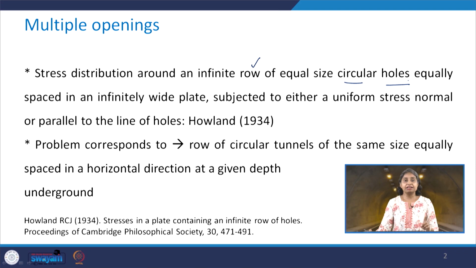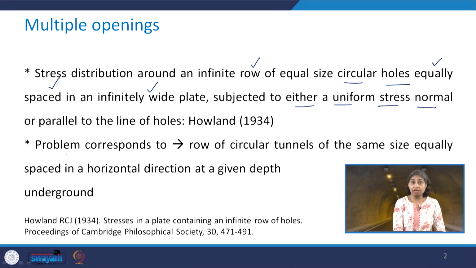Another condition is that these are equally spaced in an infinitely wide plate, and are subjected to either a uniform stress normal or parallel to the line of holes. Now the solution for such a problem was proposed by Howland in 1934, and here is the complete reference.